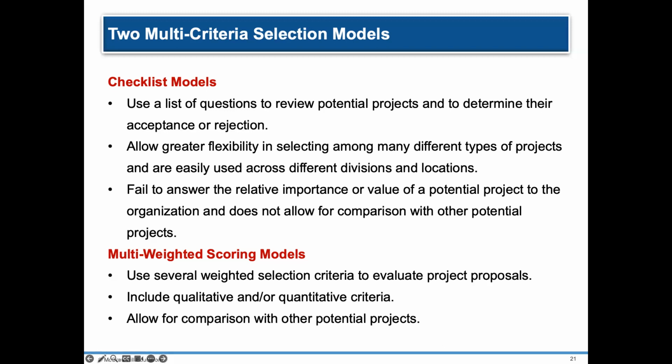And you use weighted selection criteria to evaluate project proposals. It includes quantitative and or qualitative criteria. And you allow for comparison with other potential projects. This is why a multi-weighted scoring model is better to use than just your average checklist model.